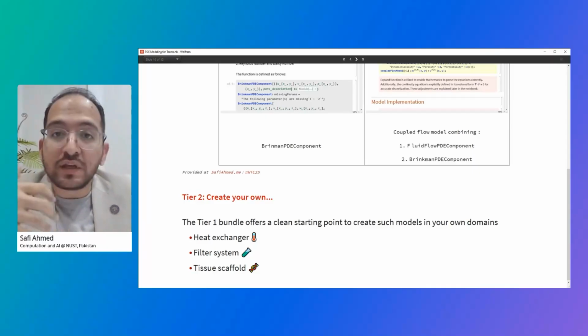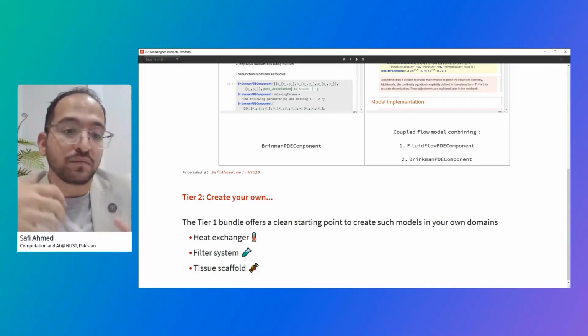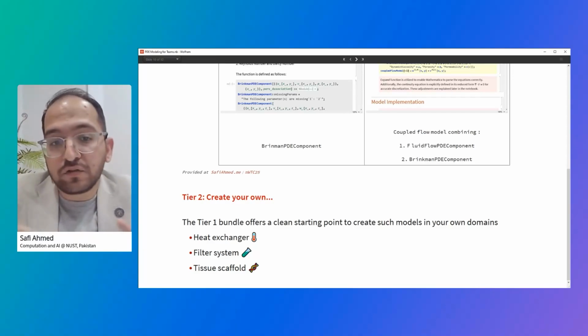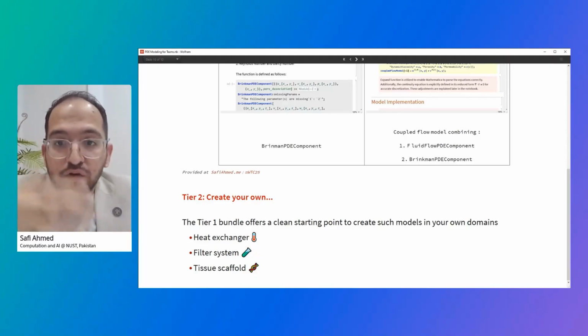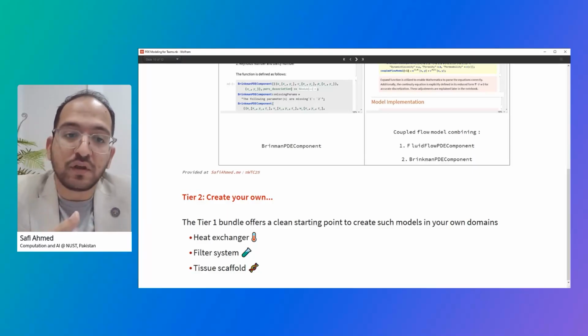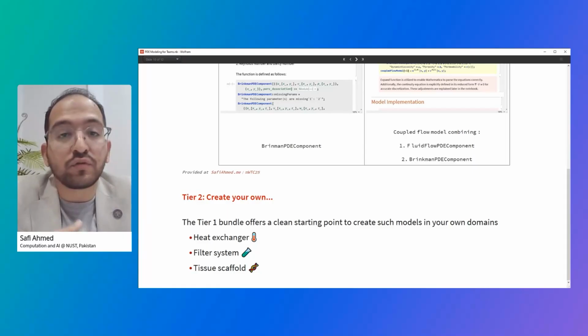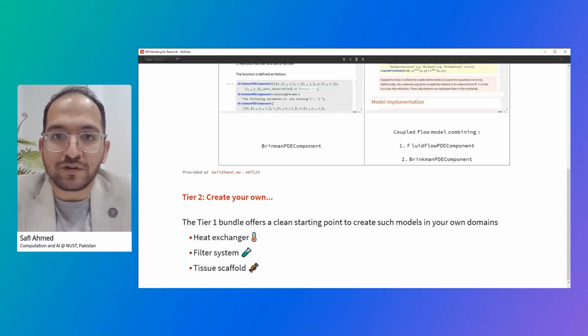For instance, if you are in the heat exchanger space, or in filtration systems like we saw, or even in intertissue flow, or if you want to create a tissue scaffold, you can use these models to aid your understanding of how to create such models in Wolfram language, and that can be a starting point for your own domains.